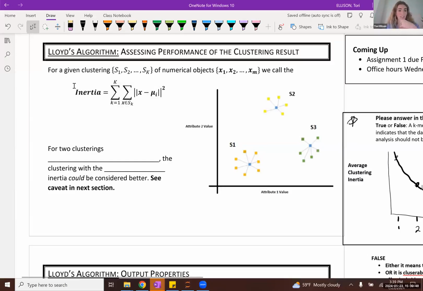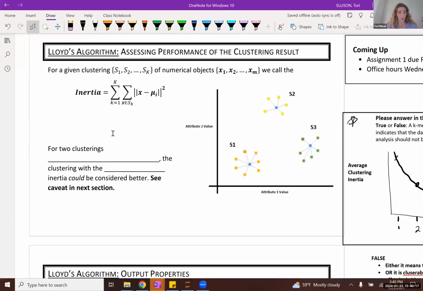So for instance, we might simply compare the inertia of two k-means clusterings. And in theory, we might say, well, the clustering with a smaller inertia, i.e. the smaller value that we're essentially trying to minimize, might be the better clustering. But what we're going to see is that using inertia and inertia alone is not necessarily going to give us the most insightful clustering overall.